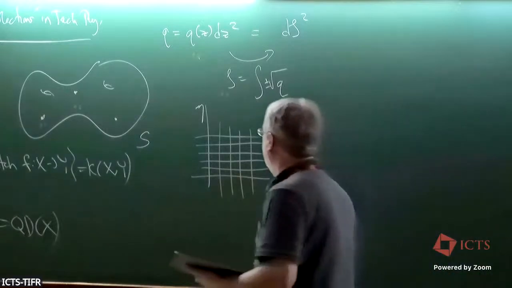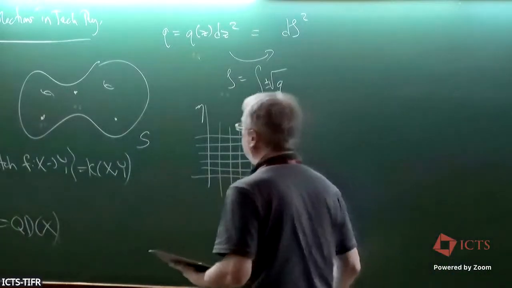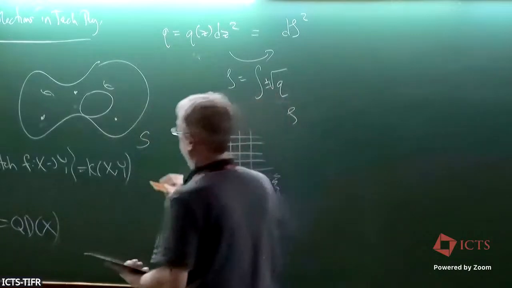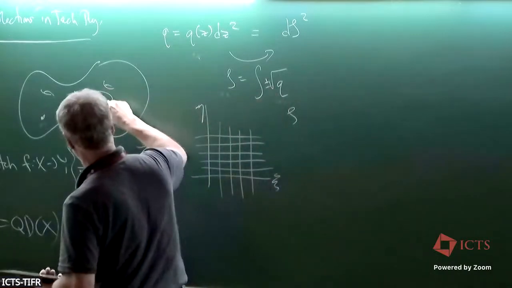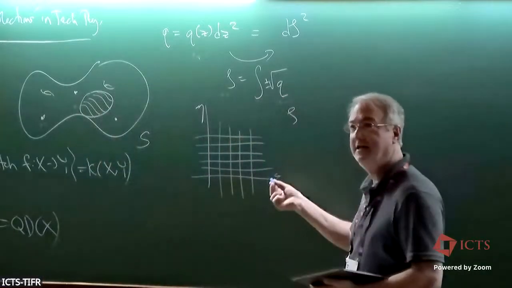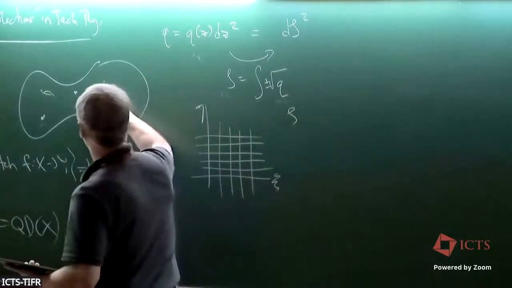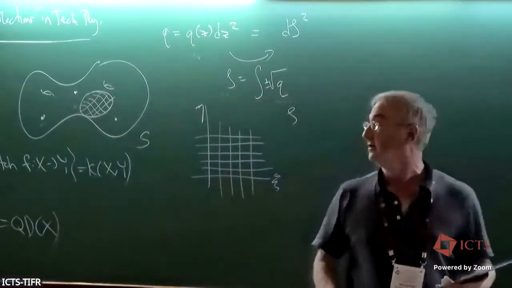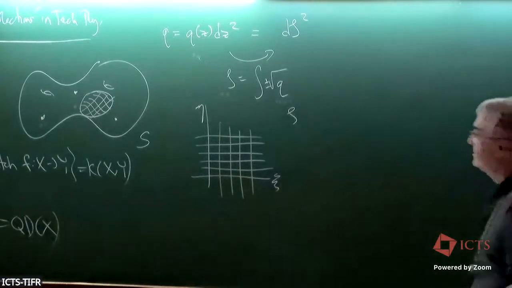Okay? And so back in this where I have a patch, these foliations on the zeta plane will pull back and give some sort of foliation in the patches on the surface.